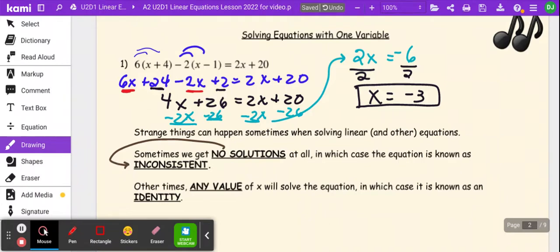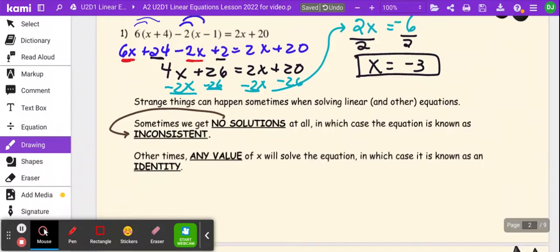Other times we get an equation where any value of x will work. Any value you could put in for x would make that equation true, and that is called an identity. So those are the two new vocabulary words that you need to associate with no solutions and any solution works.